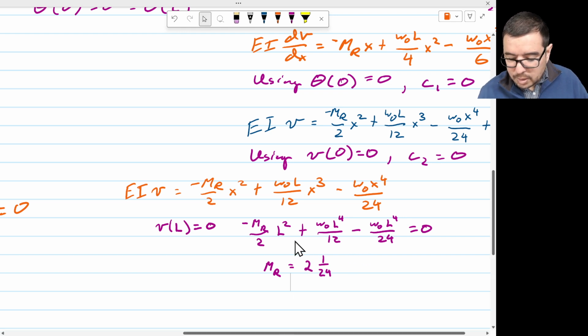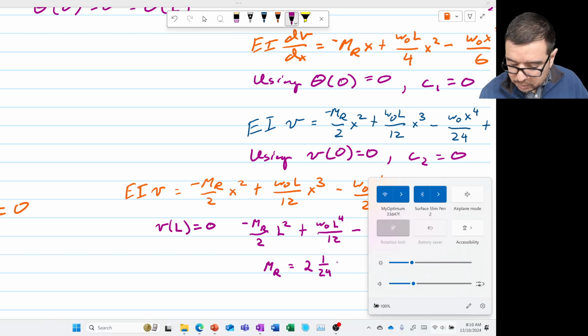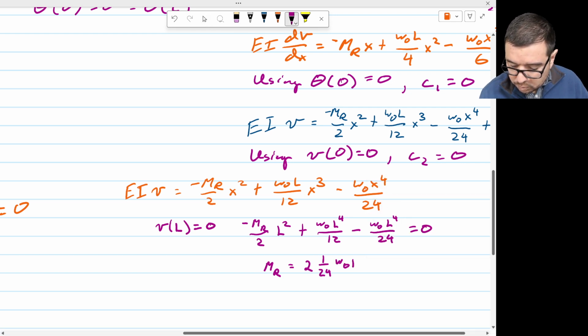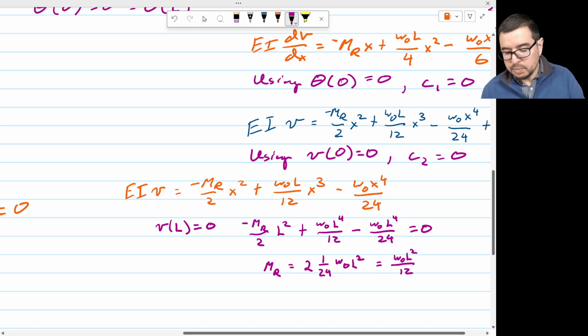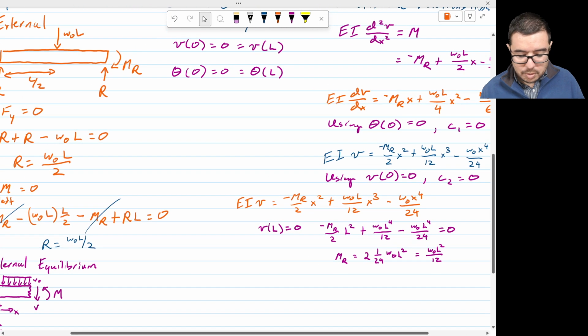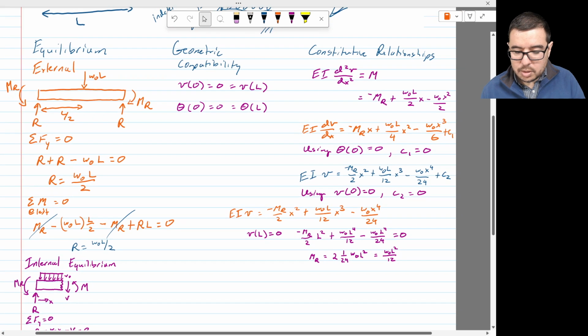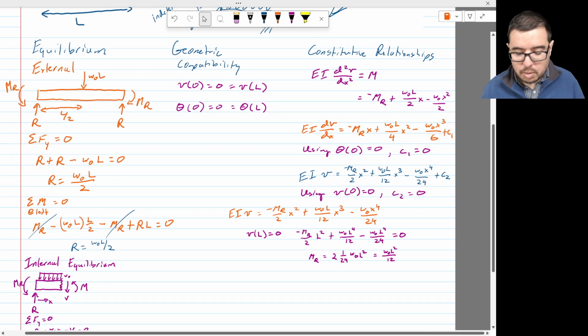So this quantity is going to be 1 over 24, but then there's a negative here. So this is going to be W naught L squared. And so that means that we get W naught L squared over 12 for M_R. And that's taking advantage of our three pillars: the equilibrium, the geometric compatibility, and the consistent relationships.